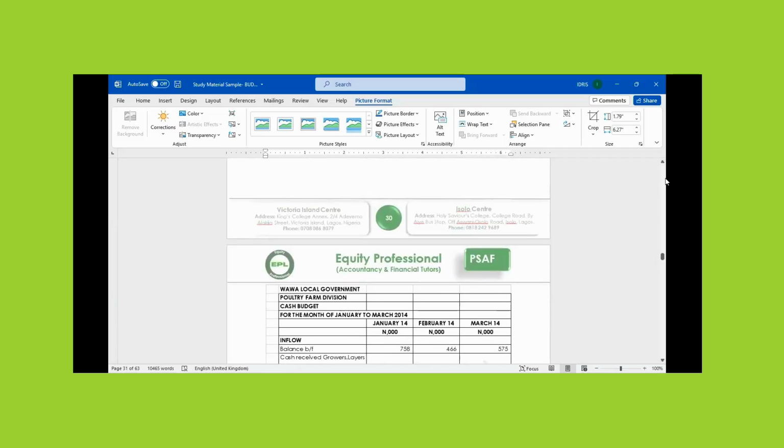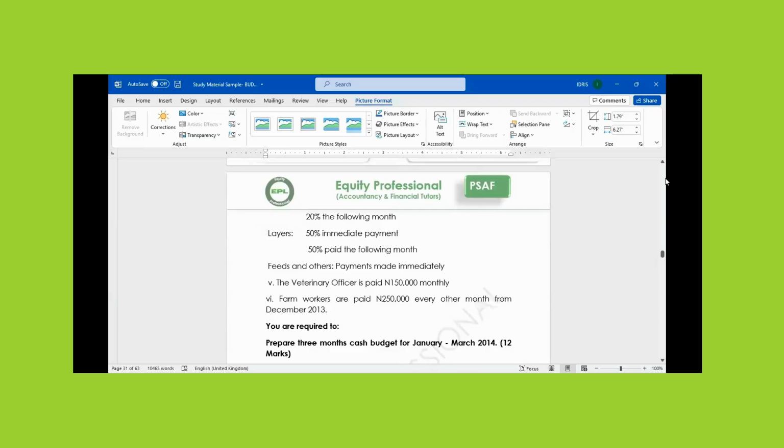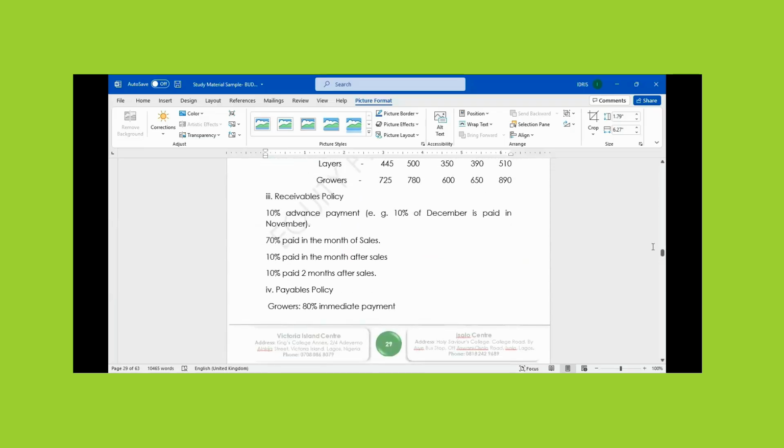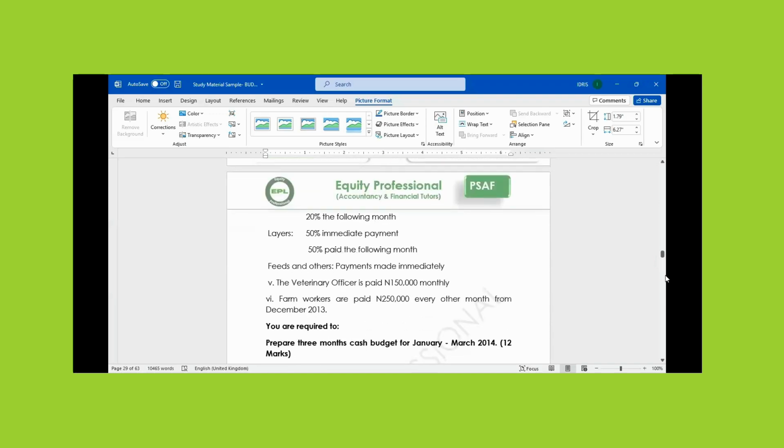Let's go to the question again. Which other note have we not treated? We have treated working note 1 and working note 2. Veterinary officer is paid how much? 150 monthly. Which month will we start paying the veterinary officer?